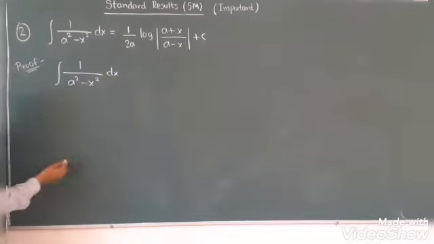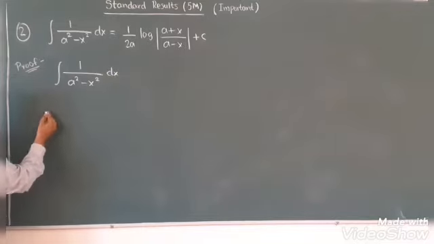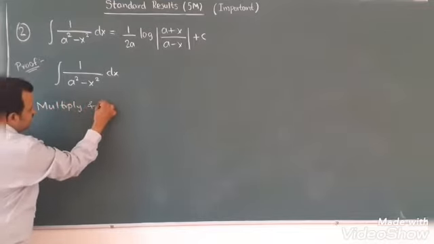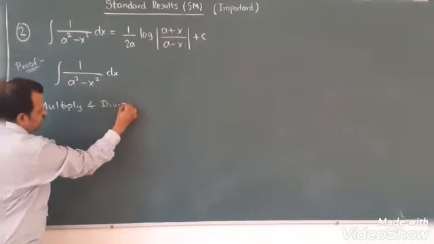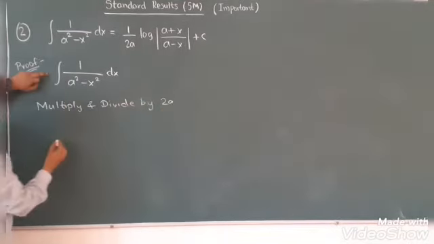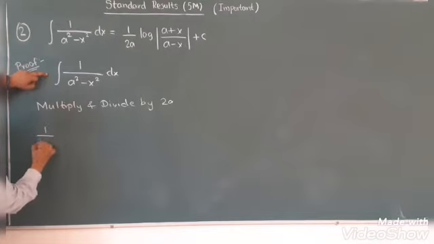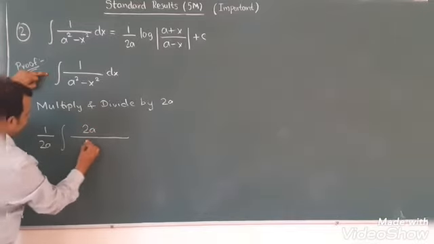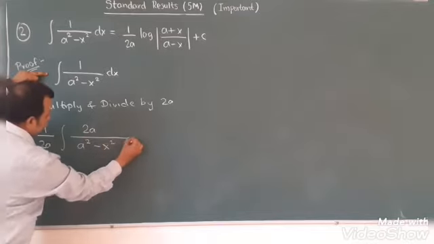So again what we have done in previous result, same, multiply and divide by 2a. So this we can write as 1 by 2a integral of this 2a divided by, here I can say a square minus x square dx.